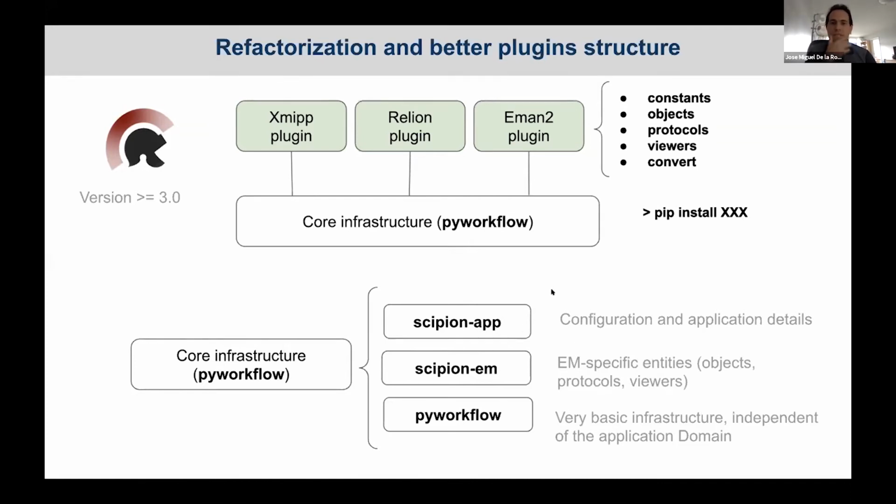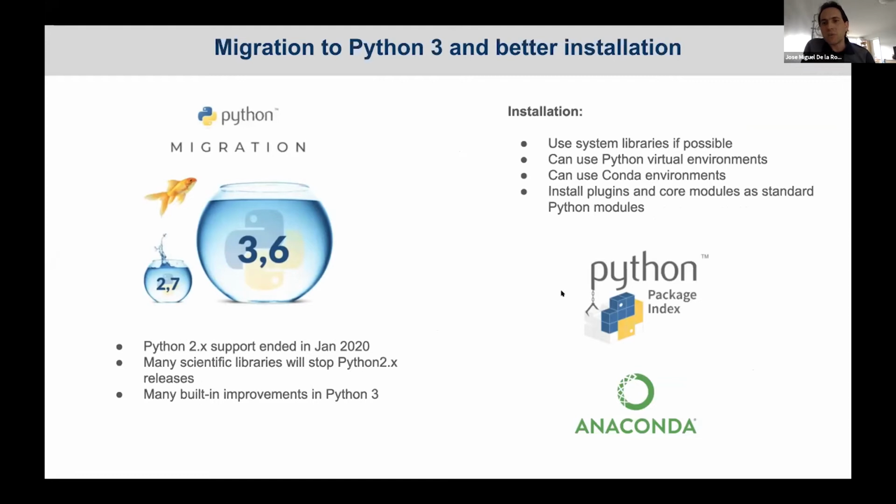So this allowed us to go to the next step of making more standard ways to distribute all these different parts of the framework. You have the whole infrastructure that users can use, but now we have modularized even more, and this allows us, for example, in the installation part, to use more standard ways.